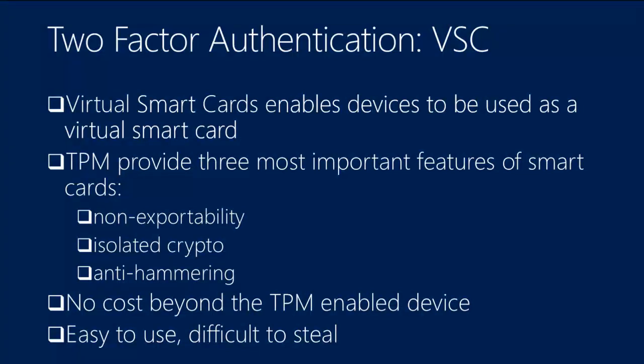The first is non-exportability: everything that you save, store, or create on the TPM will stay on the TPM, the same as with a physical smart card. The second is isolated crypto, the ability to do all the signing, encryption, and decryption operations outside of the OS boundary, inside the TPM. And the third one is anti-hammering.